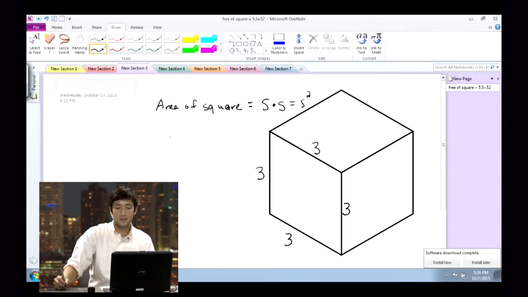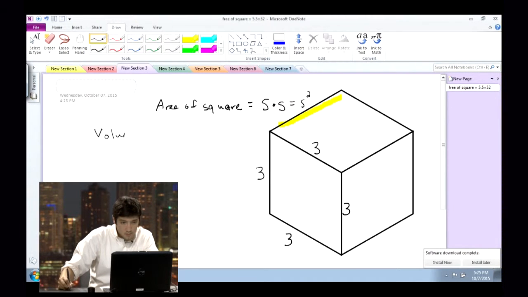So that's the area of a square, but if we're talking about a cube, we have this extra dimension over here, where it goes a little deeper. It's going to be the same length there, so we need to add that extra dimension for the volume. So the volume of a cube is going to be side times the side, but we also have this extra dimension.